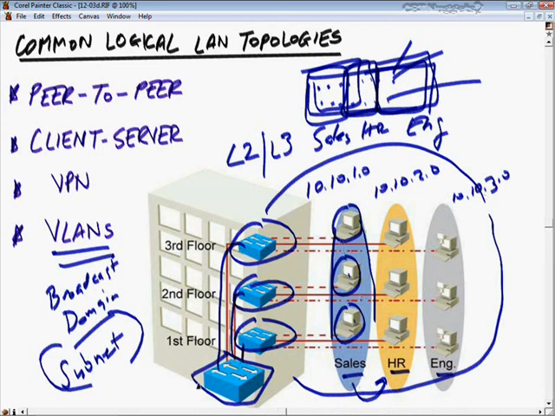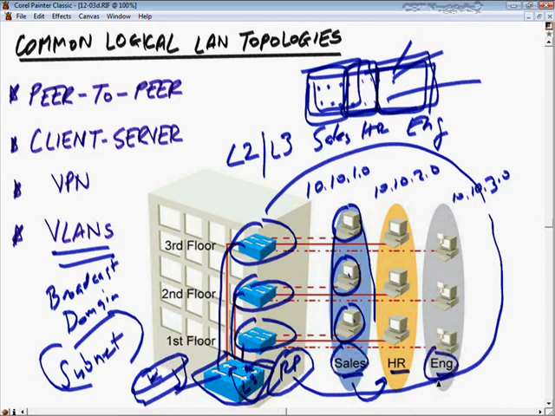So we could either add a router down here to this topology, or as we'll talk about later, we can have a special switch, like this could be a layer 3 switch, L3, and this layer 3 switch could have a route processor on it, either a modular route processor that slides into the chassis itself, or the route processor can be built into the hardware of the layer 3 switch, and that can do the routing for us, routing packets from the sales VLAN to the engineering VLAN, and from the HR VLAN to the sales VLAN.